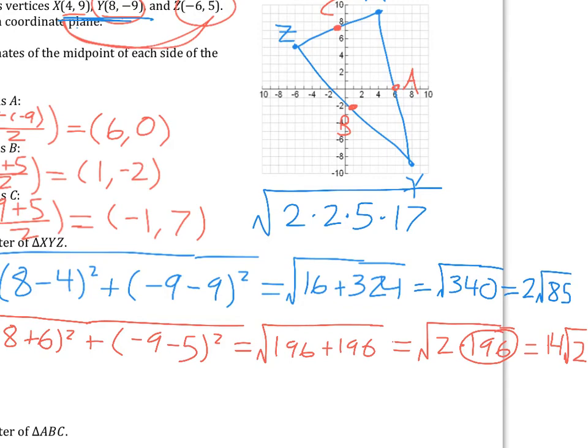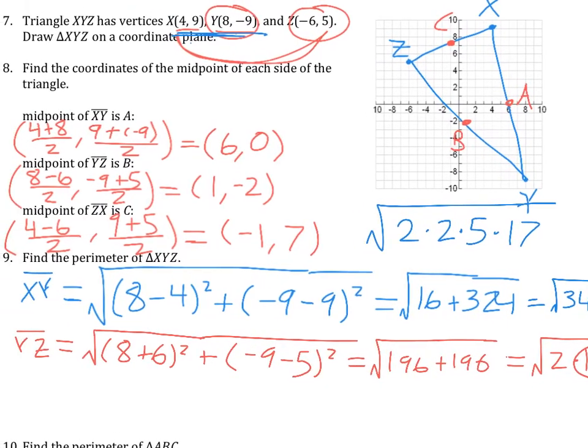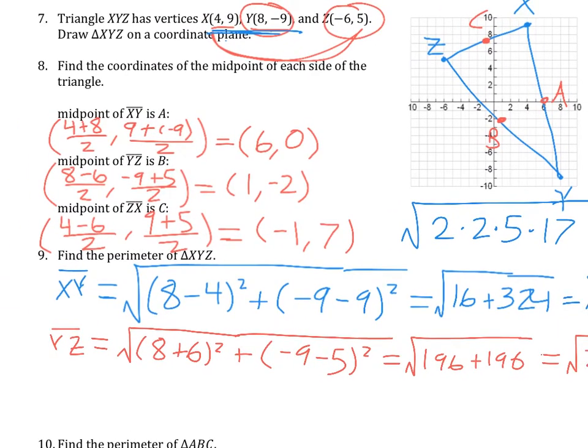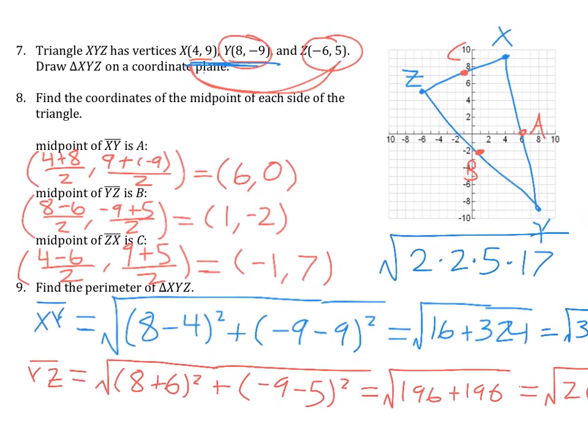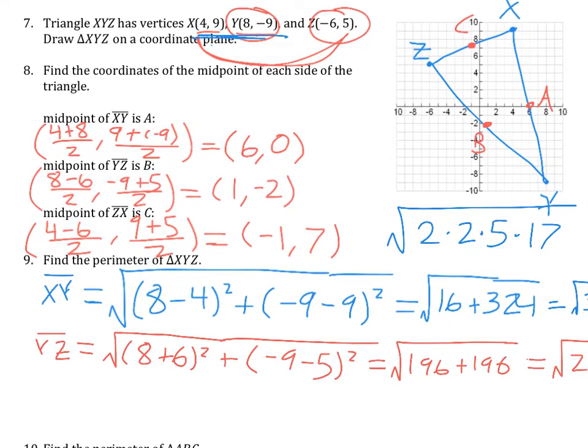Okay, and now we want to find the length of XZ. Alright, so looking at the x-coordinates from point X and point Z, we have 4 and negative 6.